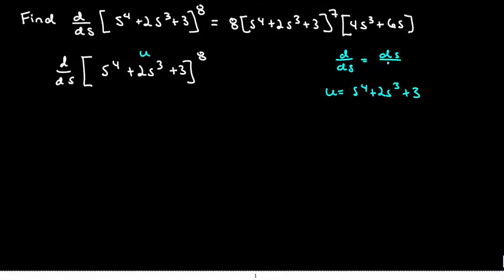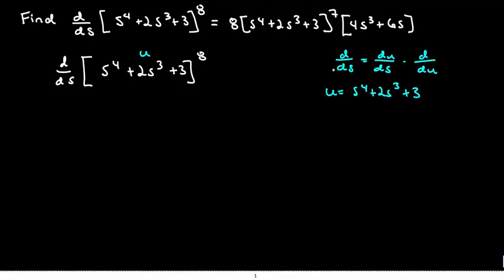Oops, I just said that completely wrong. That's not what it's equal to. Sorry if you're writing in pen. This is going to be equal to the following: d/du, and then I need du up top here, ds down the bottom here, like that.